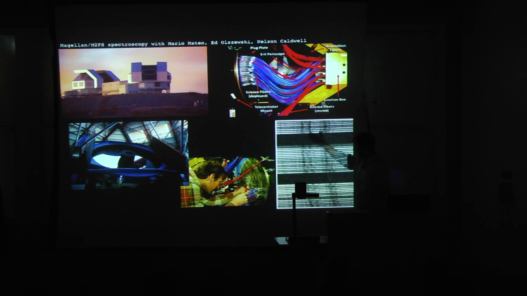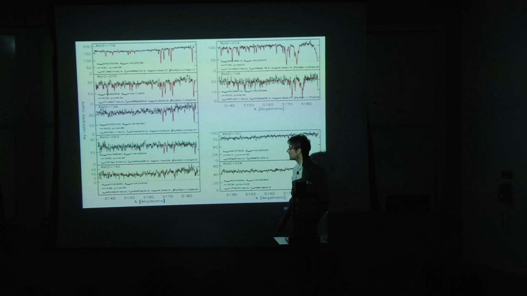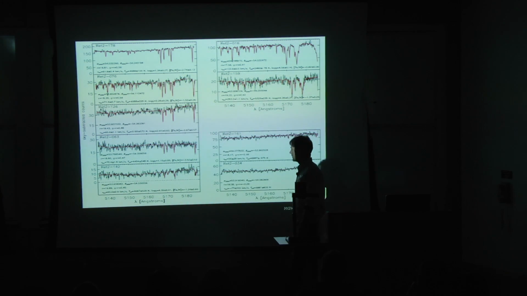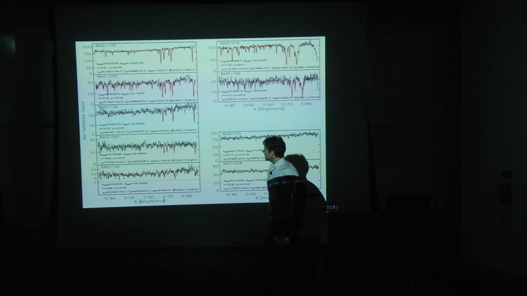And the features you can see here are absorption due to the presence of magnesium, in this case, in the atmospheres of these stars. Those magnesium atoms are absorbing photons that are emitted at lower depths, and so you see these dark features. But that carries the information that we want to turn into dynamics. So plotting these as photons collected versus energy, this is what we get.